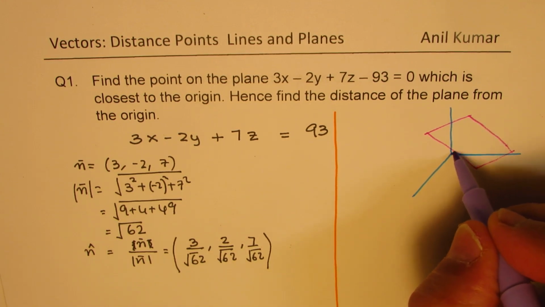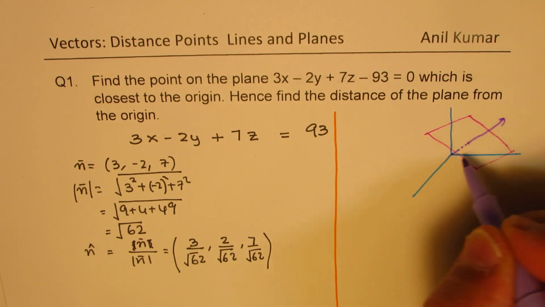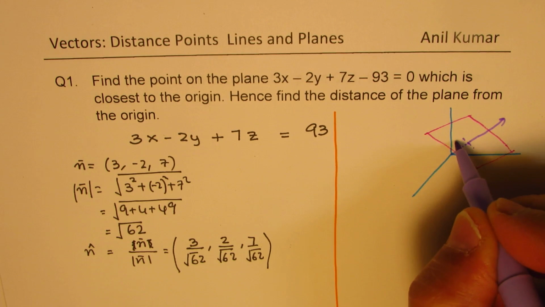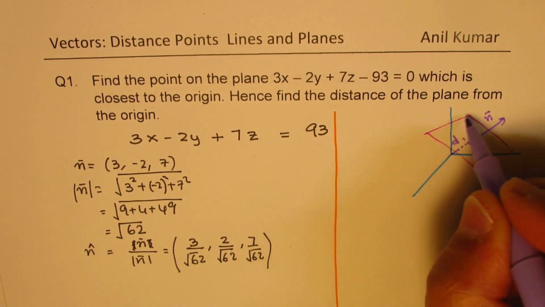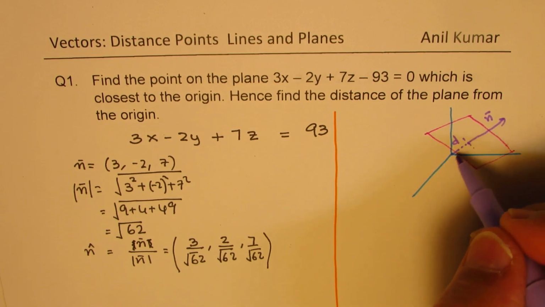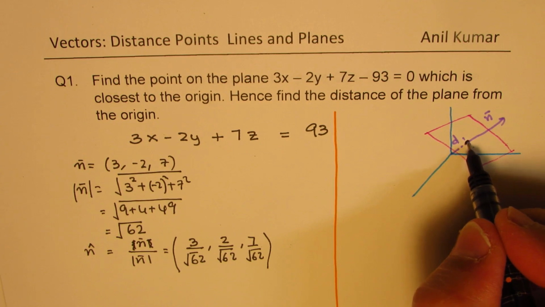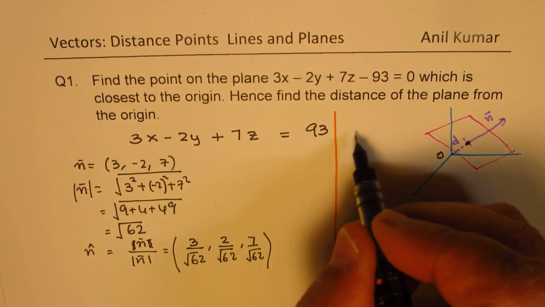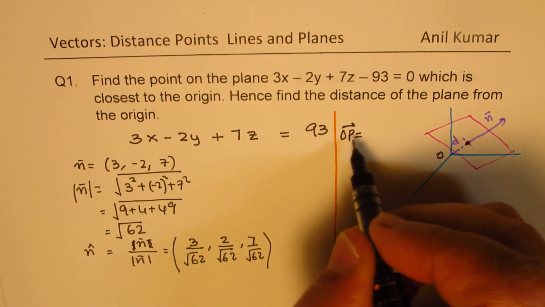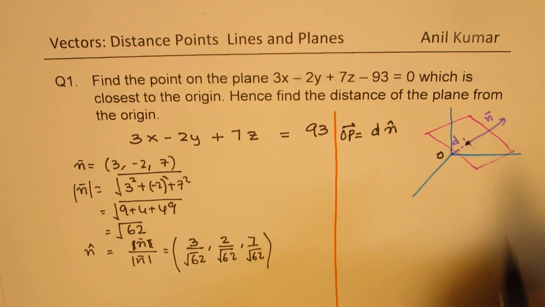You need to find out the normal and the distance. If you define this distance d and the normal, you exactly know the plane, right? So what you see here is that the point which is closest to the origin is basically, let me call this position vector OP, the distance times the unit normal vector, correct? Because it has to be in this direction.